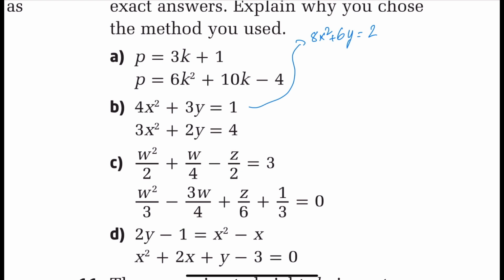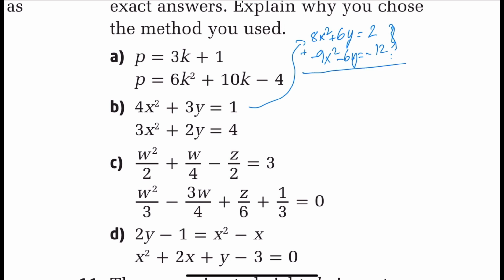And I will multiply the second equation by minus 3. This will give me minus 9x squared minus 6y is equal to minus 12. This is my system of equations. So now I will just add them to each other.